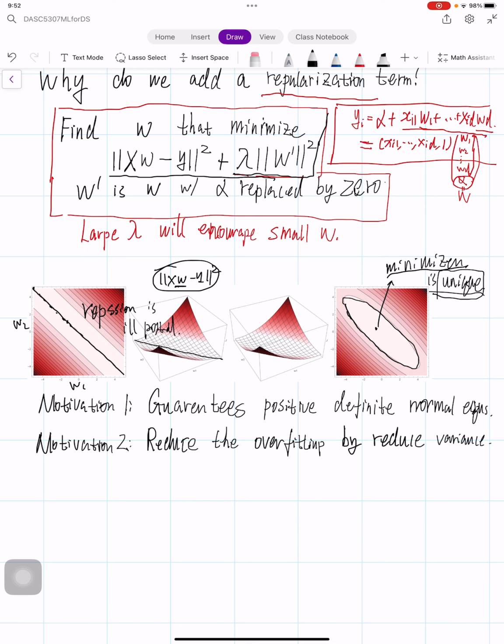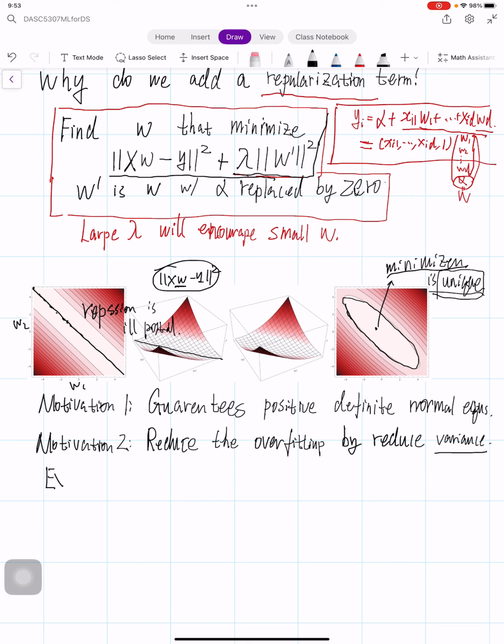Last class we talked about the decomposition of the cost function of the general modeling. One component is the variance of the model, right? So adding this regularization can reduce the model variance.